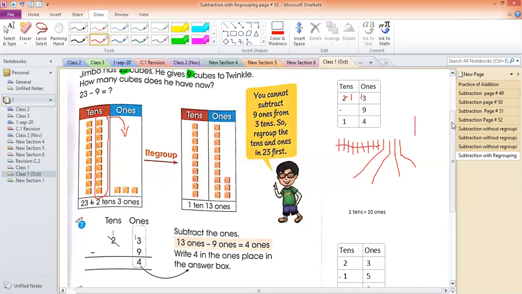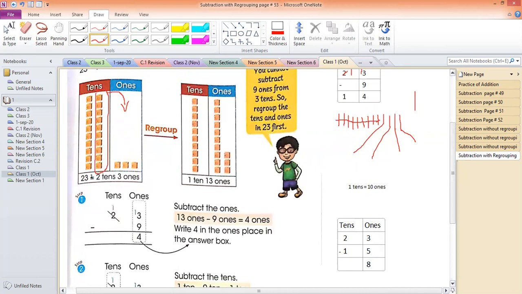You can check here also, guys. This was 3. You regroup this 10 from here to there. It becomes 13 now. You have to minus 9 from 13 ones. So you can cross out 9 ones here: 1, 2, 3, 4, 5, 6, 7, 8, and 9.